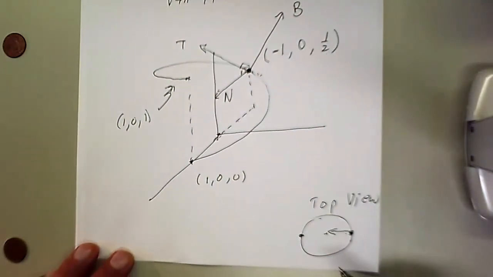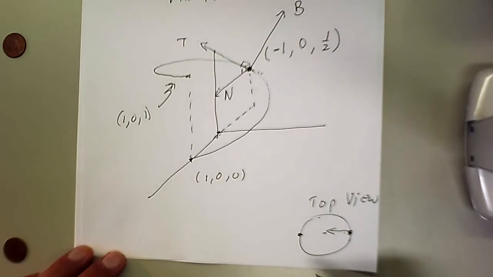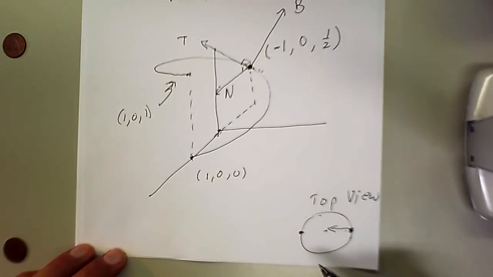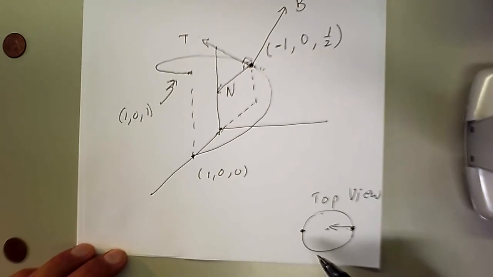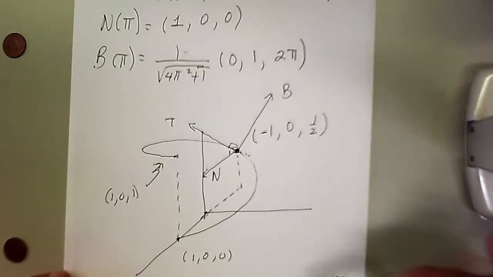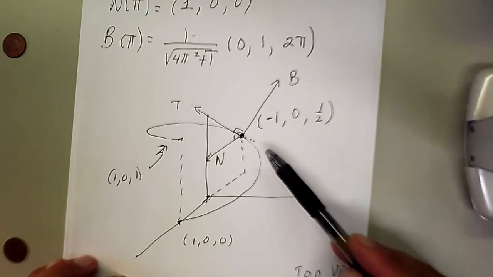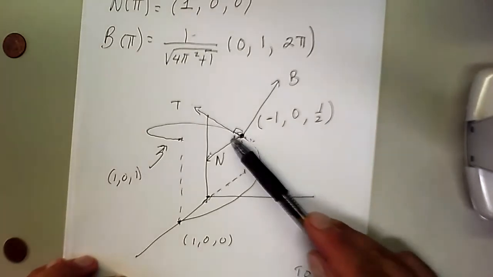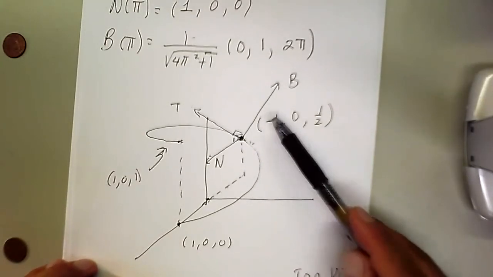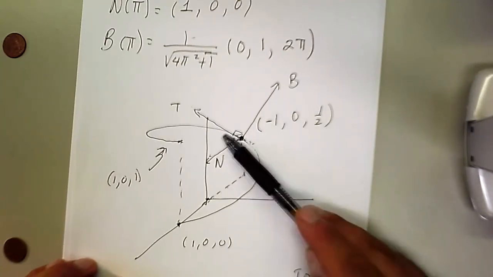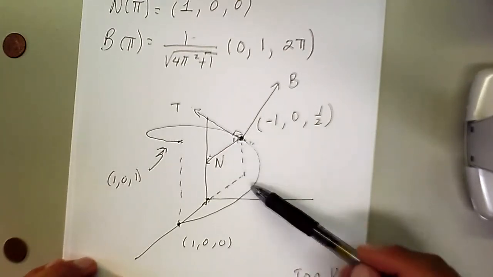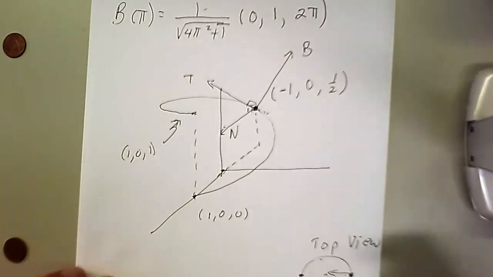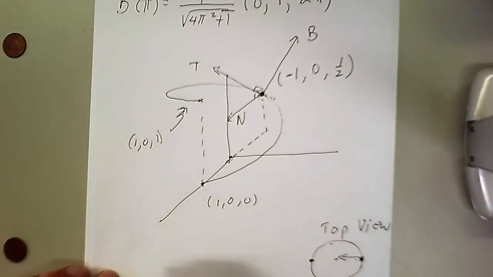The one thing I would suggest you do is to come up with the equation of a straight line and find the tangent vector. That shouldn't be a problem, but the normal vector should be a problem because there's no bending on the straight line. So do find a straight line.